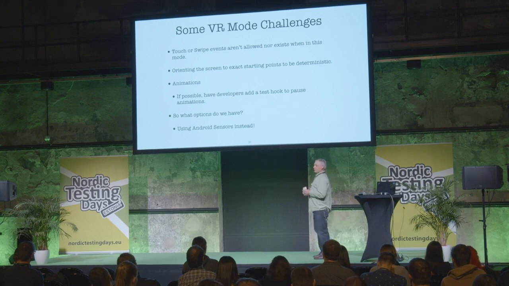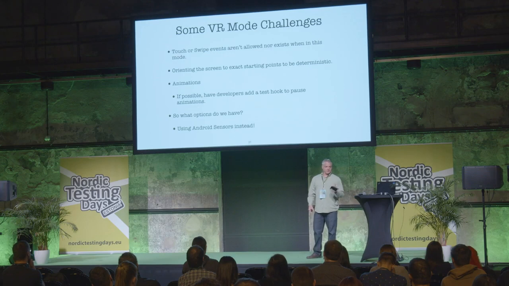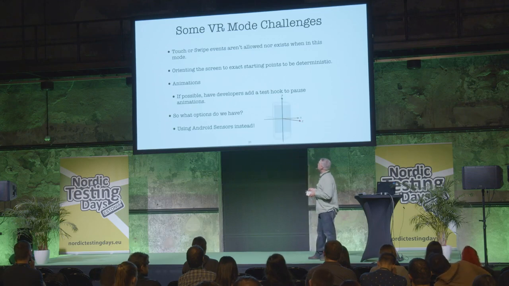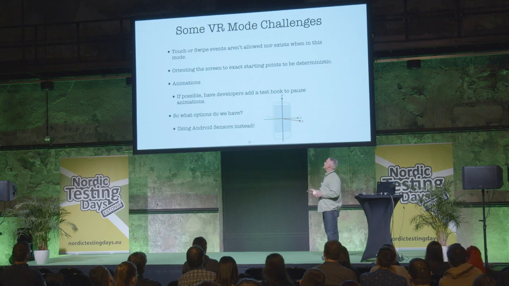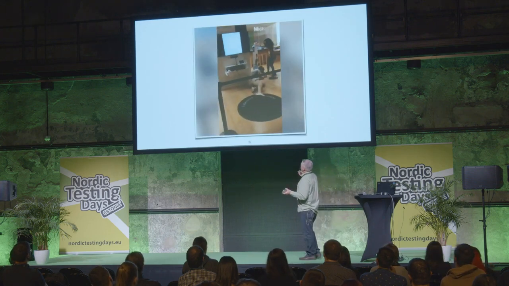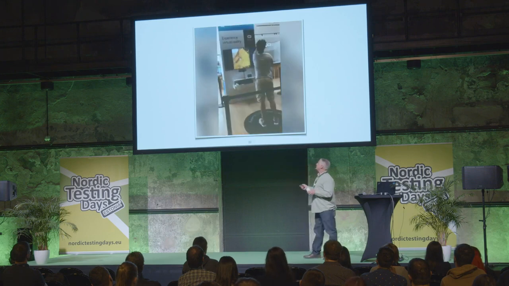So what other options do we have? So we could use Android sensor events. Every smartphone nowadays has sensors. You have a gyroscope, accelerometer, just to name a few. There's a lot more. And basically rotating on its axis. So thankfully, you don't have to be this guy because we'll do it all on a machine.